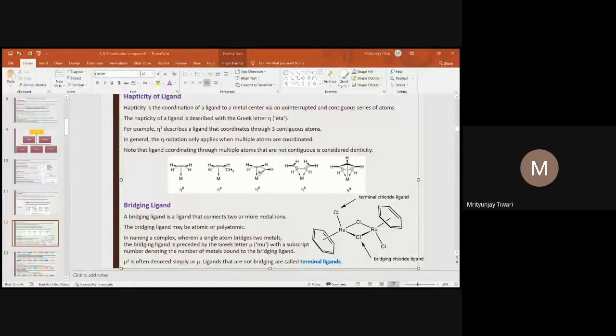However, there is a covalent bond between chlorine and cobalt. Chlorine has seven electrons in its valence shell, and it forms one covalent bond with cobalt. So when chlorine departs, it will take away the electron of cobalt as well.